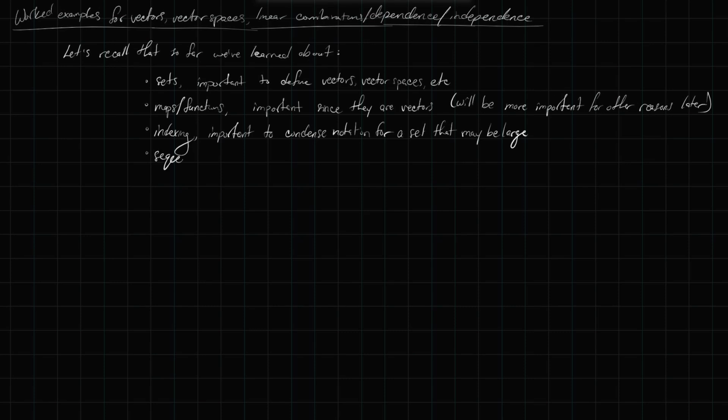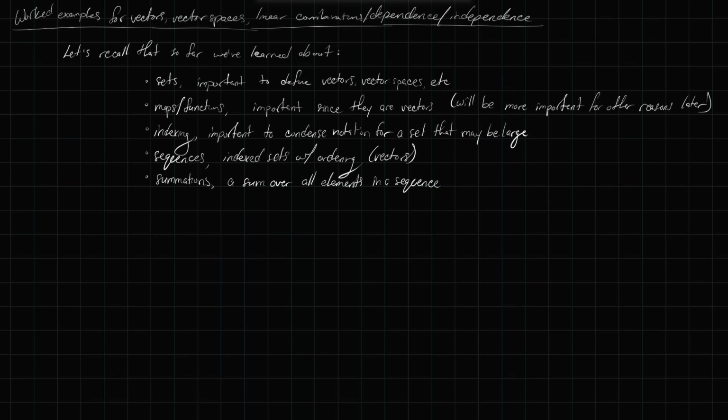We've learned about sequences, which are basically just indexed sets with an ordering. And in fact, vectors will be these. Basically, every vector is a sequence. We've learned about summations, which is a sum over all elements in a sequence, which we'll find is important for a few reasons.